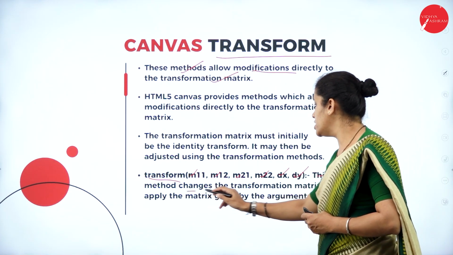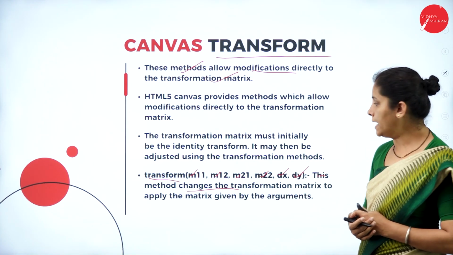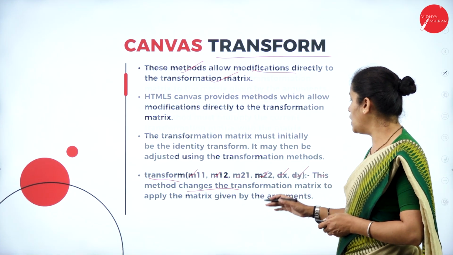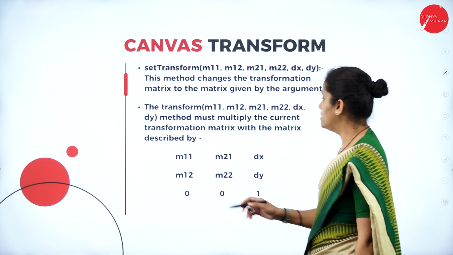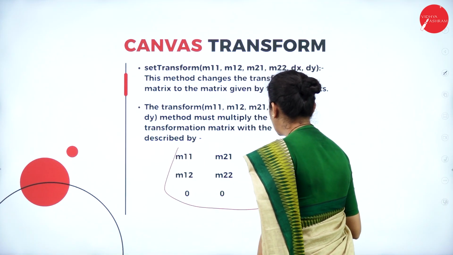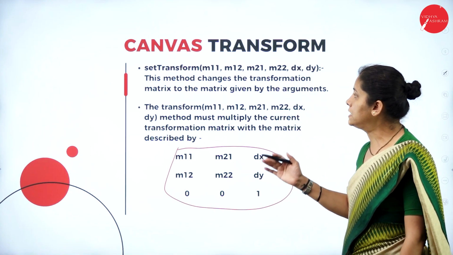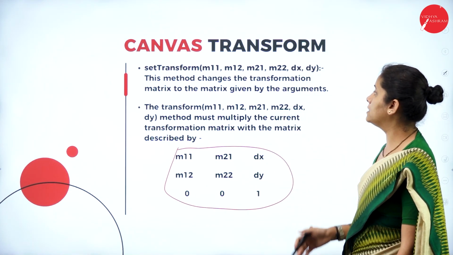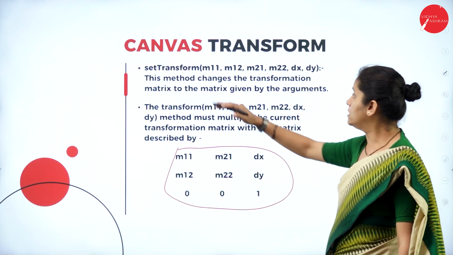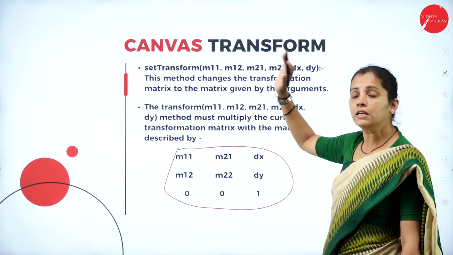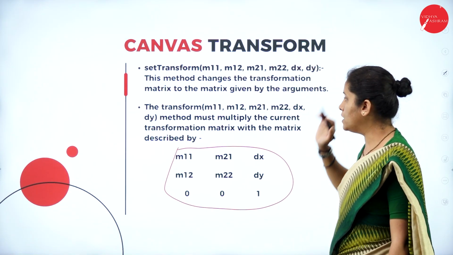This method changes the transformation matrix into the matrix given by the arguments. See here, this is my transformation matrix. Suppose I want to set the transformation, I have a method called setTransform, and I can set the transform matrix value.